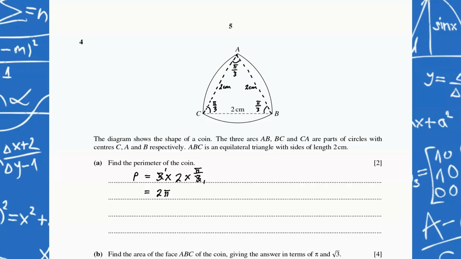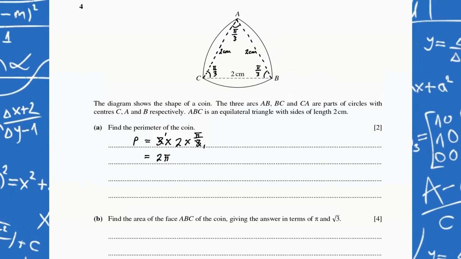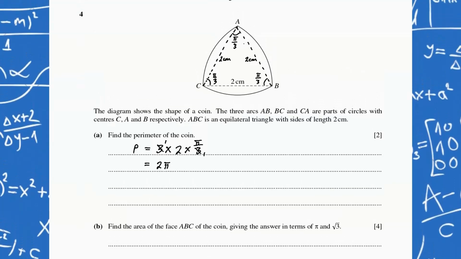Let's go on to the next part. On part B, they say find the area of the face ABC of the coin, giving the answer in terms of pi and root 3. So they want us to find the area of the face ABC. Now this whole shape here can be considered to be made up of 3 equal segments.